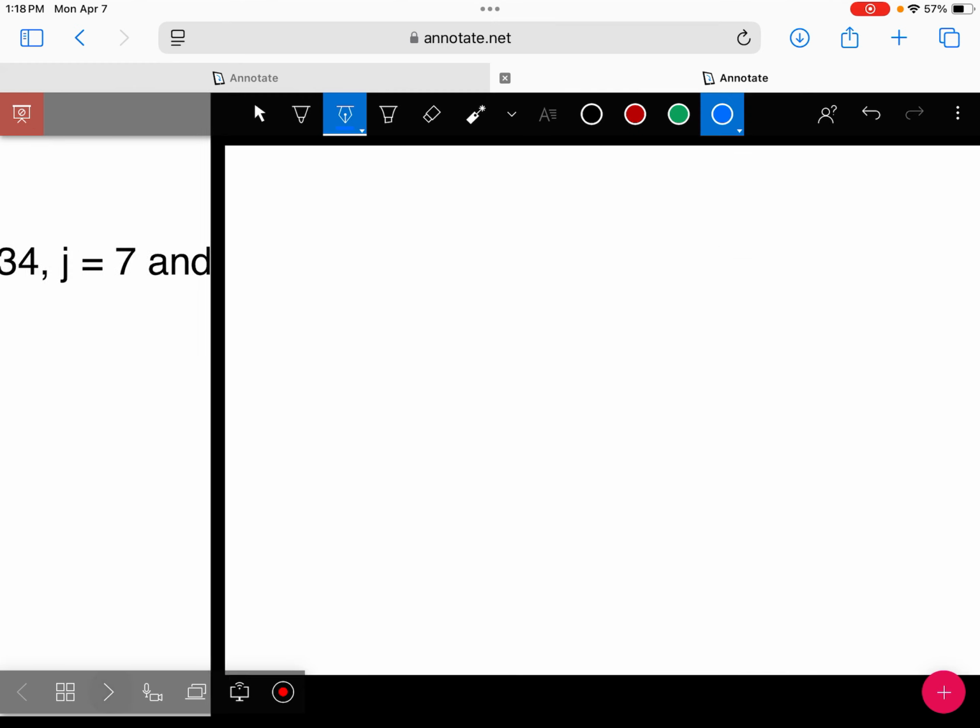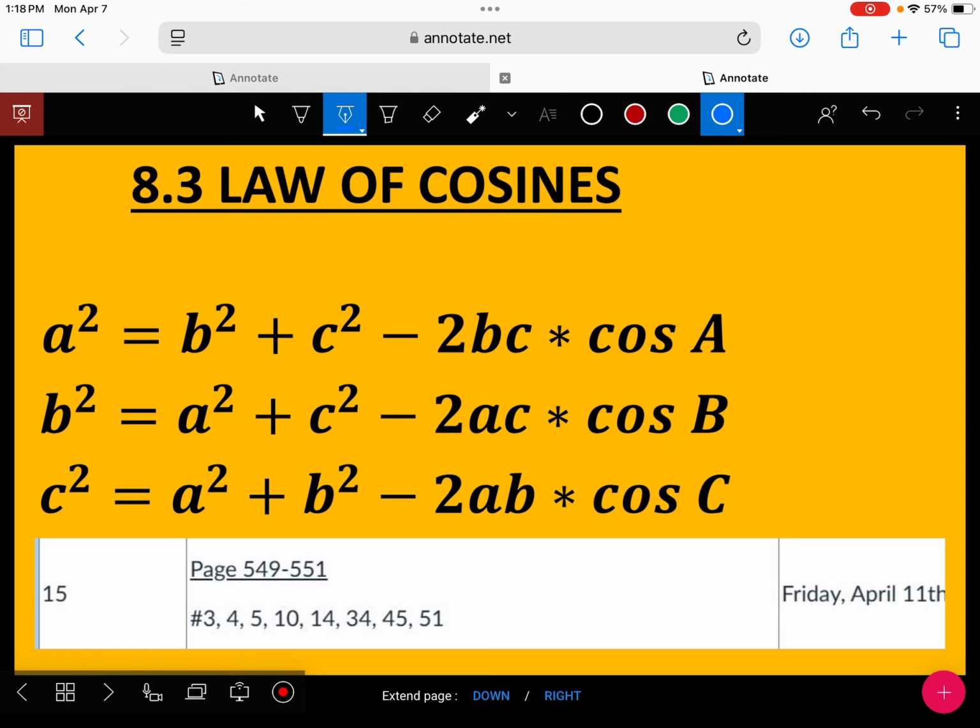So let's look at the law of cosines. Notice that the law of cosines is just variations of the exact same thing. Depending on what you're trying to find, notice that whatever angle I end with, the side is what I start with.